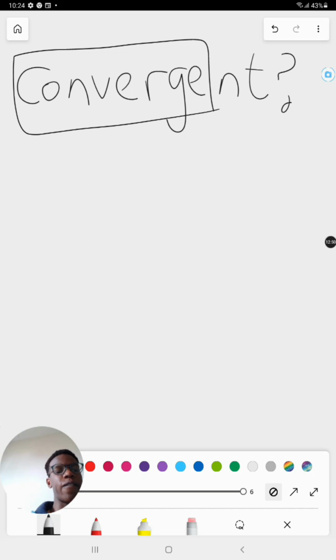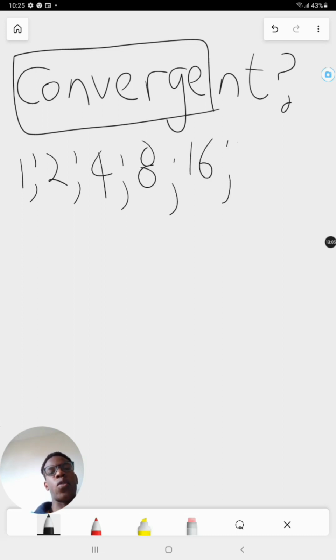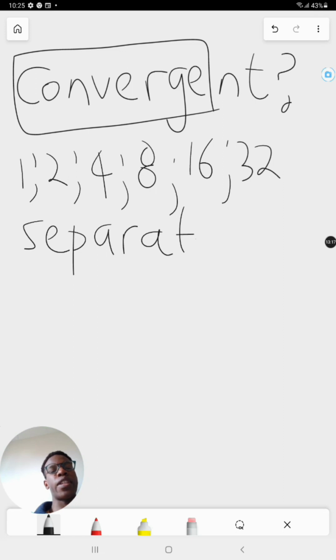So, if I look at that sequence that I used before, I had 1 and 2 and 4 and 8 and 16 and 32. You just keep multiplying each term by 2 to get to the next term. This separates. Remember, we said it was divergent because it separates.